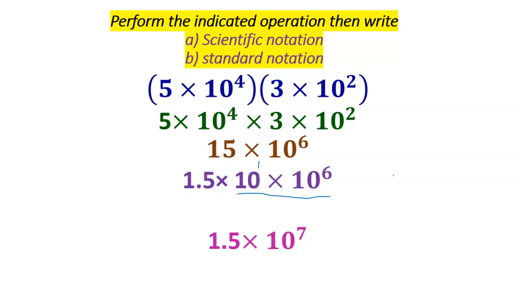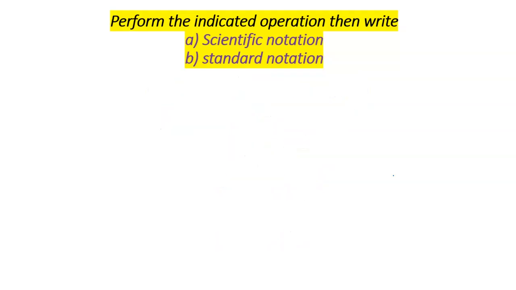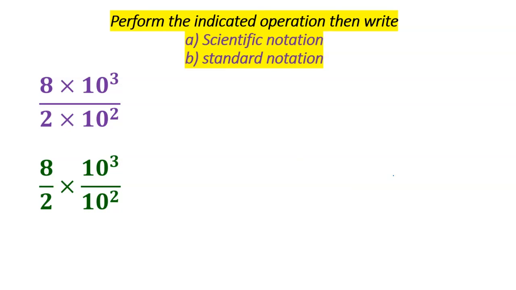Let's try one more example. Here we are dividing 8 times 10 to the power 3 by 2 times 10 to the power 2. Let's separate them, and we will reduce 8 and 2 to get 4. Here I'm going to use the quotient rule, meaning when we divide with the same base, I'm going to subtract the powers.